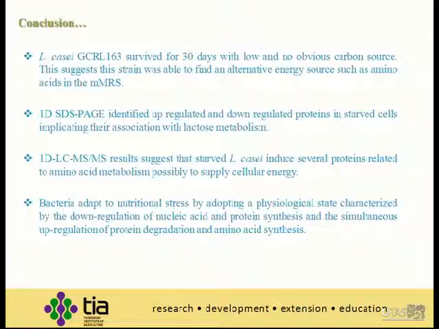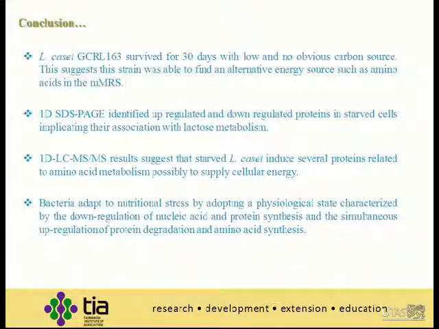So, conclusion: our strain GCR163 survived for 30 days with a low or no obvious carbon source. This suggests this strain was able to find an alternative pathway or alternative energy, such as amino acids, in the modified MRS. The SDS-PAGE identified upregulated proteins and downregulation of another group of proteins that could be associated with lactose starvation.